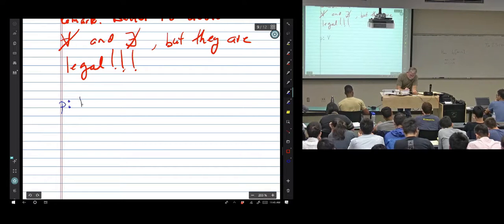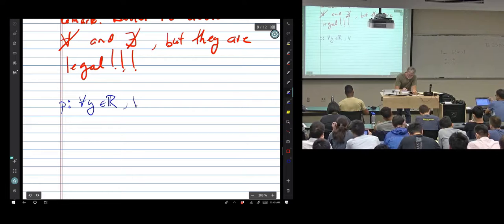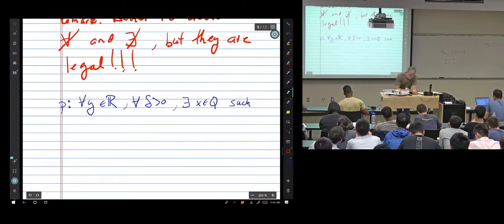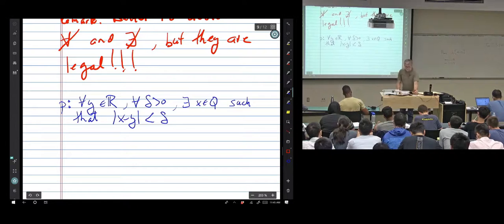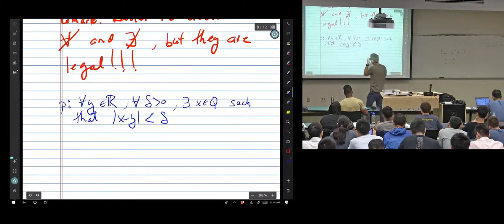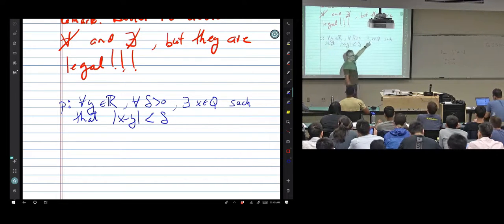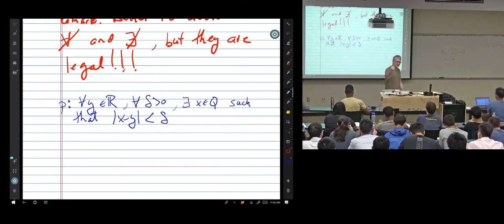P: for every y in R, for every delta greater than 0, there exists an x in the rationals such that absolute value of x minus y is less than delta. Oh my gosh, I've got 1, 2, 3 quantifier symbols. Negate it, okay?